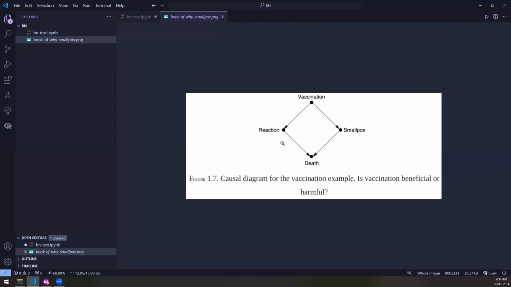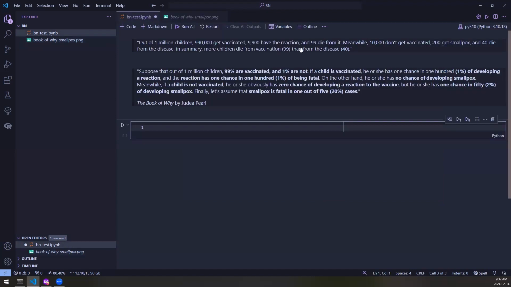This is the graph you're going to implement, and again, this is from the book, figure 1.7. The question that we ultimately want to answer here is: is vaccination beneficial or harmful? Because, again, based on this data, it's harmful.